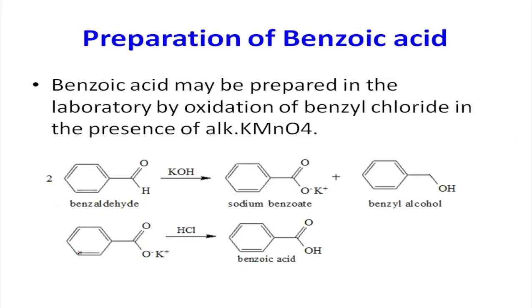Preparation of benzoic acid. Benzoic acid is prepared from benzyl chloride in the presence of alkaline KMnO4, or from benzyl alcohol or benzaldehyde, giving sodium benzoate with potassium hydroxide.